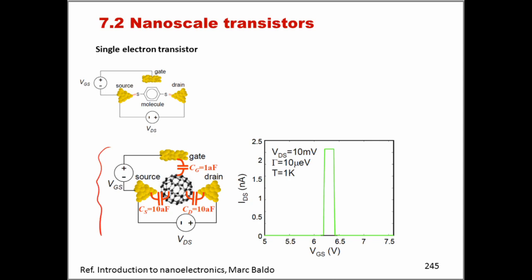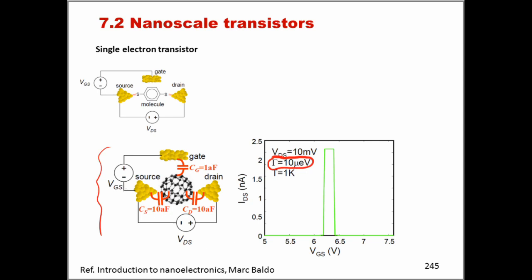I think this is a C60 particle. So if we imagine that, for example, the first available state in this 0D confined structure is extremely well defined in energy. We can say this by highlighting here the width of the state, this gamma factor here. You can see it's 10 micro eV, so extremely sharp state.